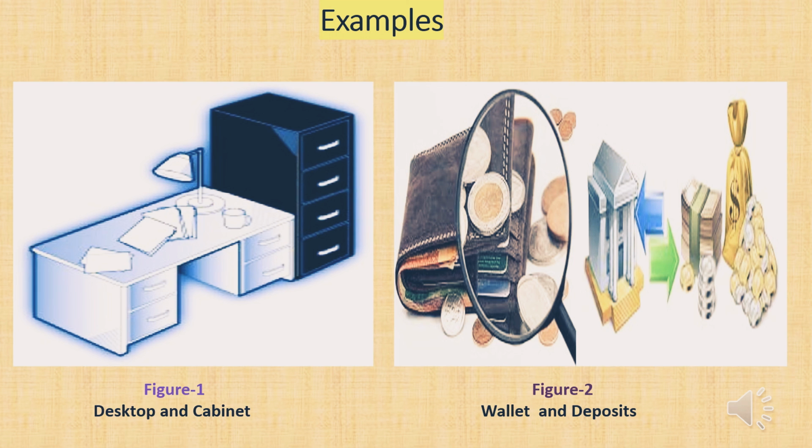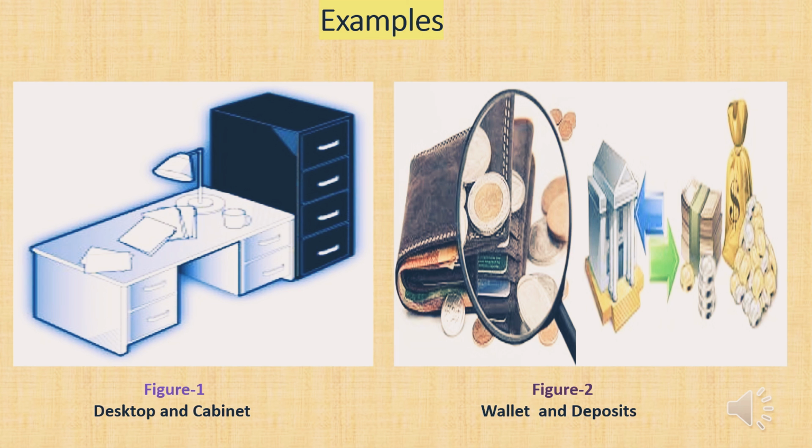After going through the observations, I hope you have acquired an idea on memory and storage. Now to solidify your ideas, I am taking two common examples from our day-to-day activities. In figure 1, you can observe a desk and a cabinet placed adjacent to each other, and at the top of the desk some files and other items are placed.